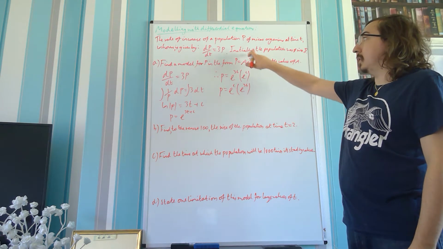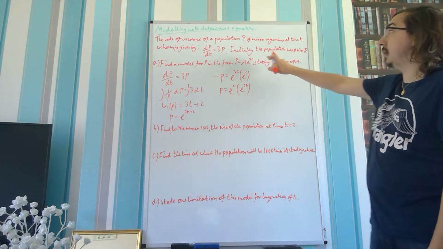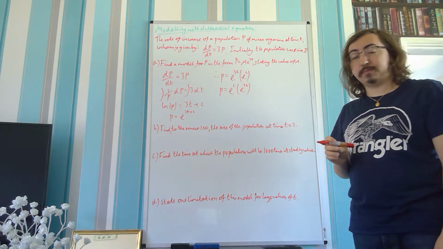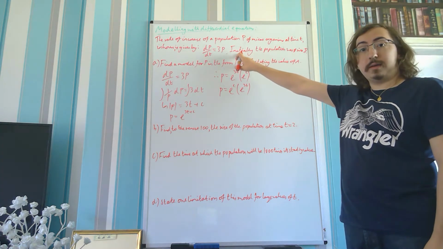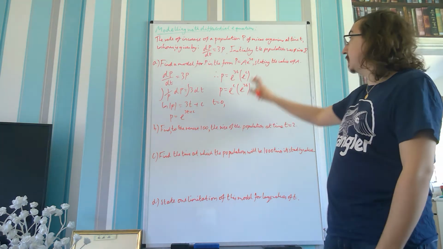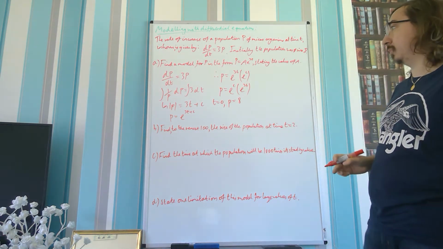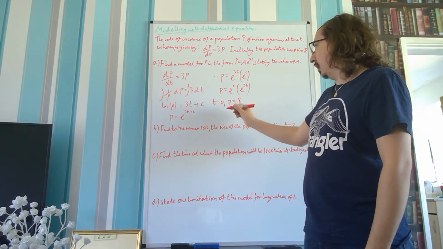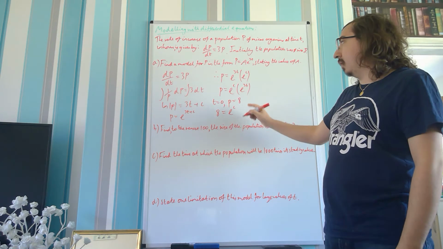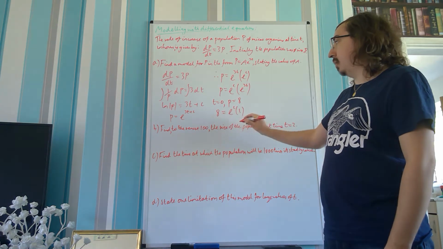That is starting to form this expression, but we actually want a value for A, and that's where we need to read part of our problem, which says initially the population was of size 8. If we've got the initial time, that means t = 0, and when t = 0, our population P = 8. So we've got 8 = e^c times e^(3 times 0). 3 times 0 is 0, e^0 is 1.